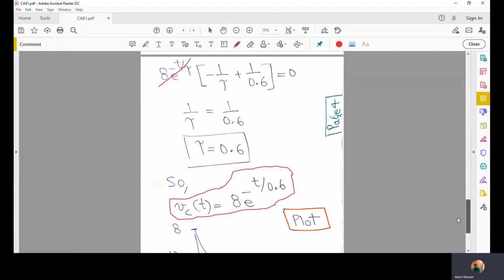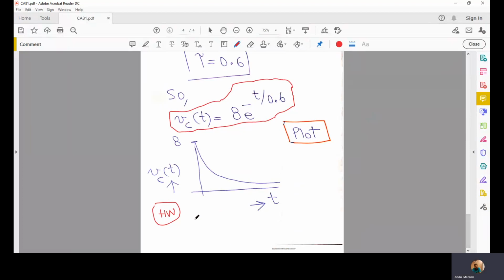So the three quantities that I want my students to solve are I sub C of t, the current flowing through the capacitor, the voltage drop across the 4K resistor, and the voltage drop across the 2K resistor. These are the three unknowns that I want my students to solve as an exercise.